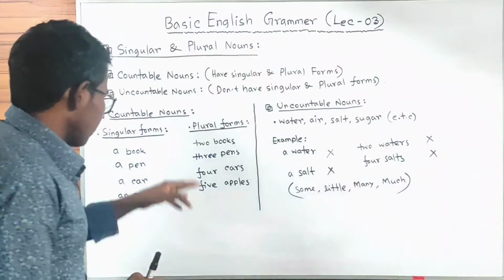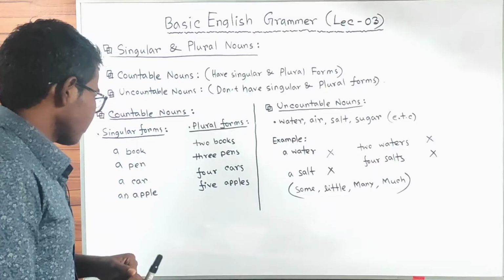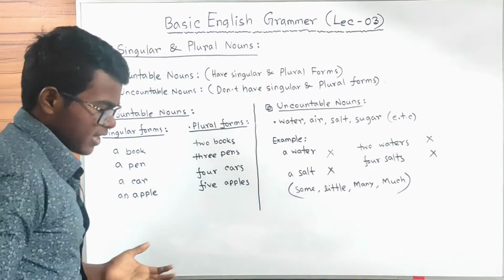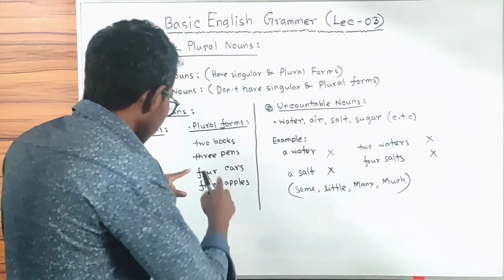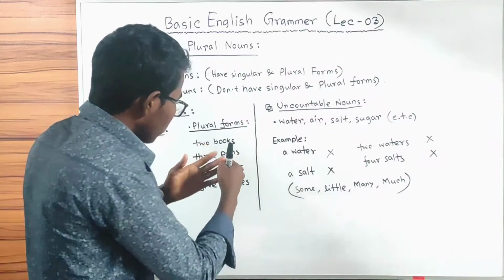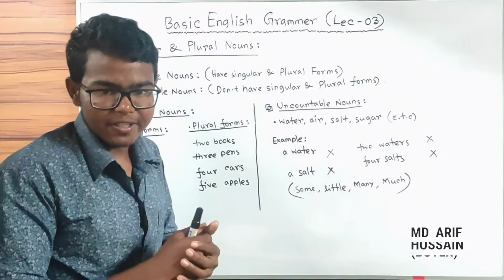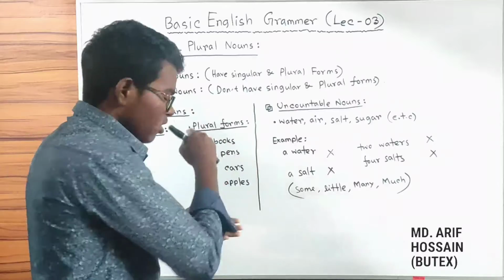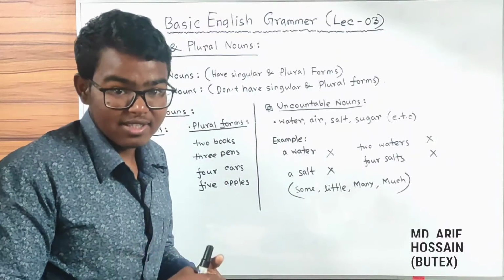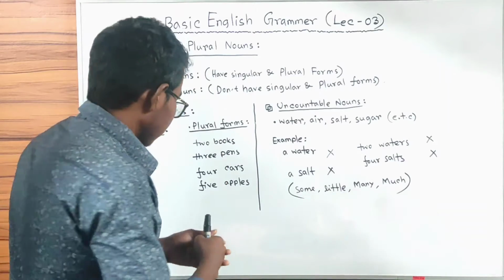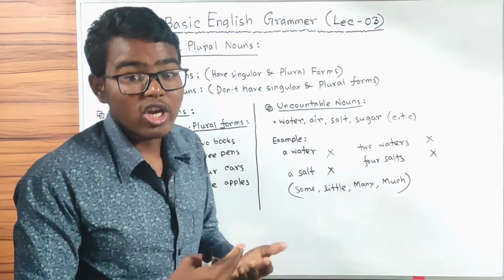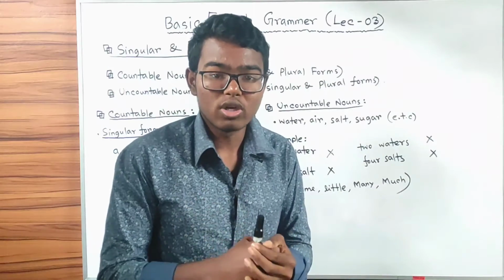Now let's look at the plural forms. Two books, that means more than one book. Plural, two books, we have to add s or es at the end, but here we have to add only s, and there are some more cases where we have to use es to make them plural.